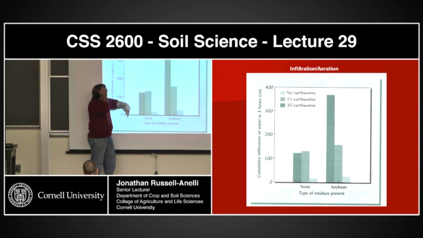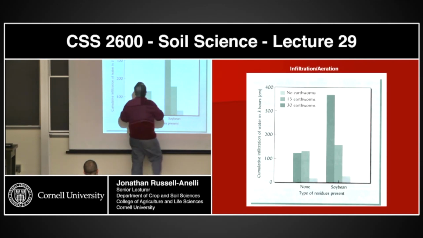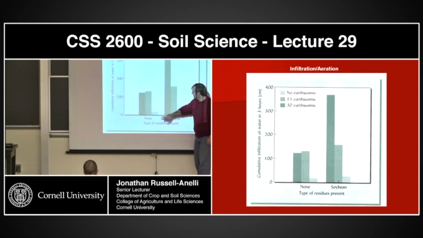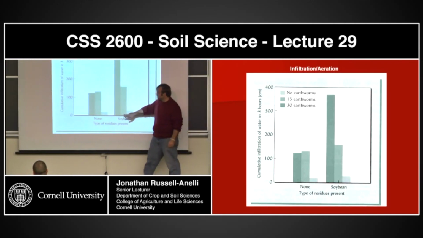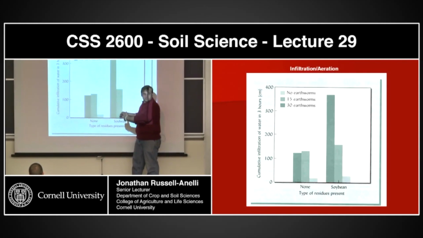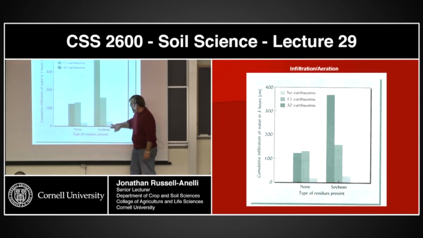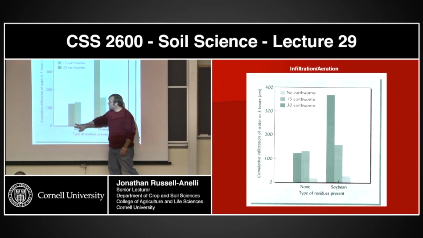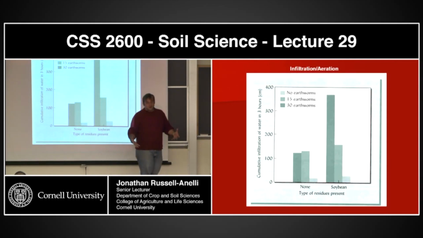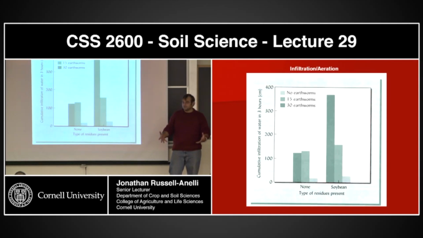Okay? If there was no earthworms, the lighter color is the none. So you would think this is actually sort of inverted, how most people would do it. This is none, this is 15, this is 30. Okay, when there is no food present in the system, are the earthworms doing anything?